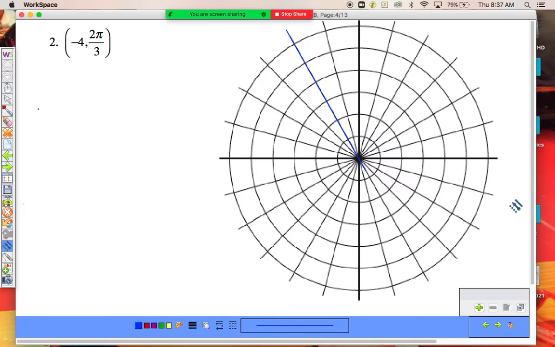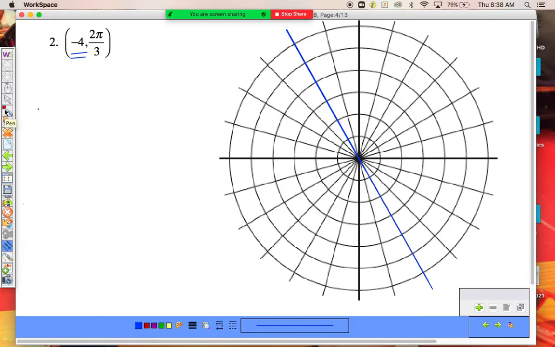Now, on that angle, I want to go the distance negative 4. When I went a positive 2 in the last problem, I counted out 1 circle and 2 circles. If I want to go negative 4, I'm going to extend this line into the 4th quadrant also, realizing I'm on that line.